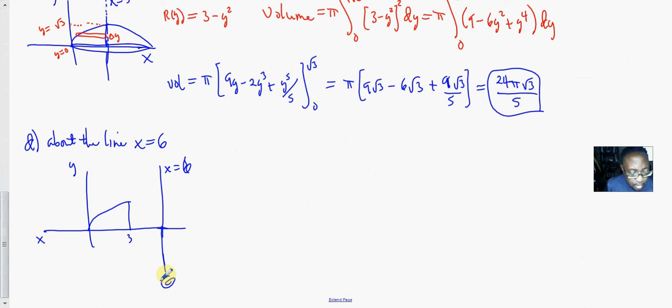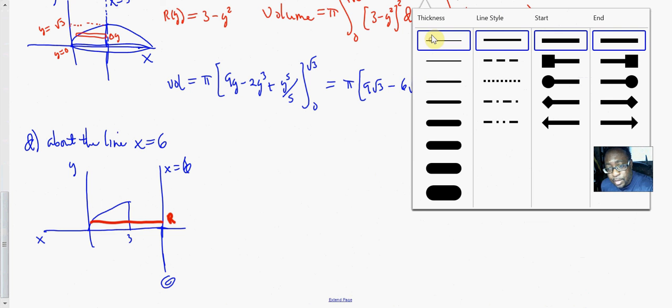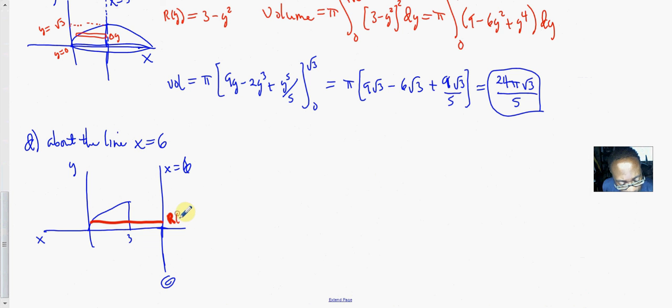I'm going to spin it like that. Now, let's use red. So it's a hole here. So the washer method, big R is this. And this R is with respect to y, and it's so thick. This is R of y.